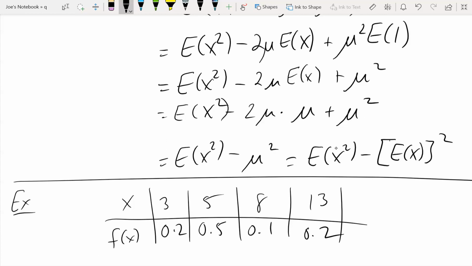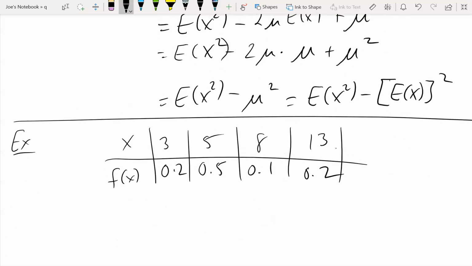The only possibilities for x are 3, 5, 8, and 13. And then those are the probabilities associated with those values of x. How are we going to figure out what expected value of x is, or what mu is? What do we do? We do the sum of x times f of x, right?